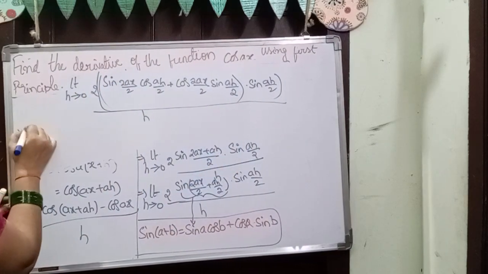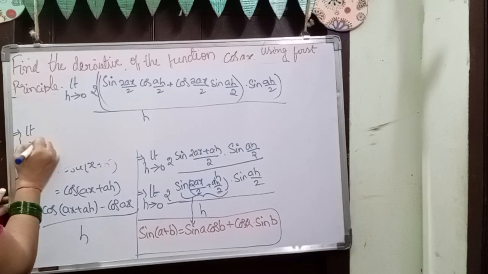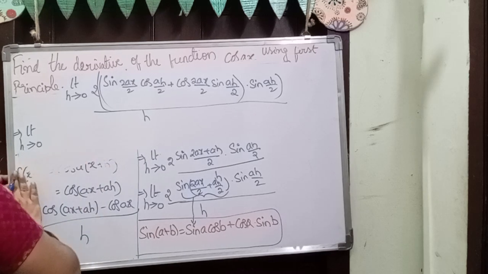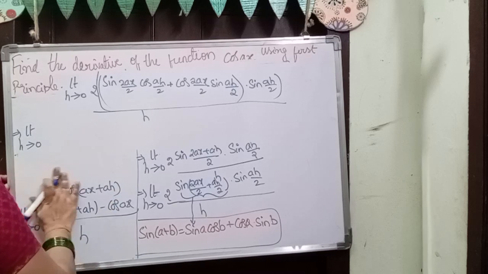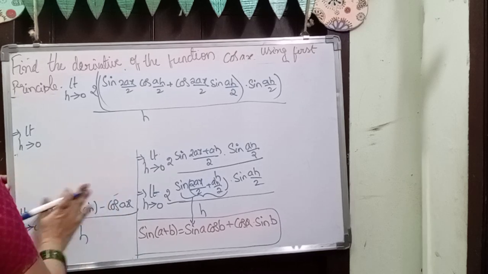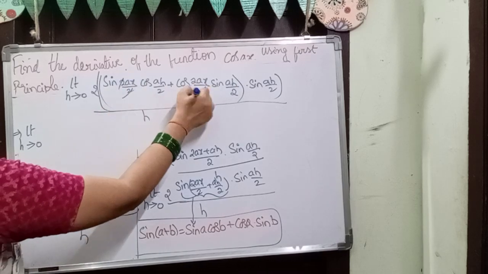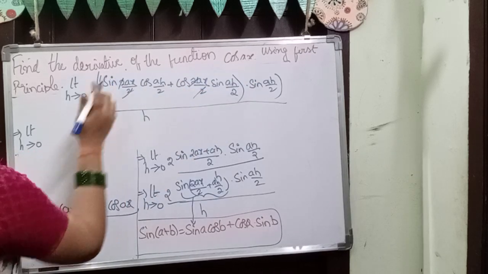That implies limit h tends to 0. Here this 2 cancels, and multiply this with this.